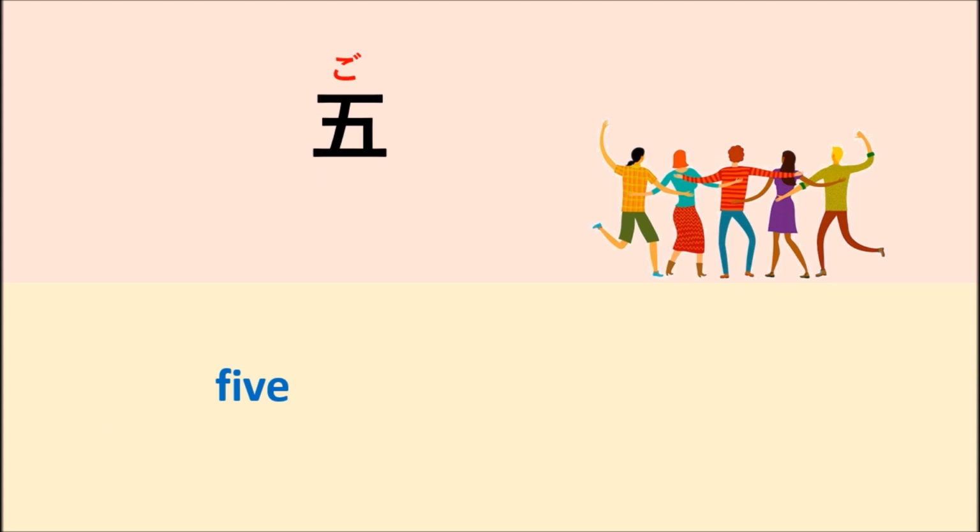So if we create a sentence for how to use the kanji of go, you can say like あなたの家族は何人がいますか？Which means how many people are there in your family?